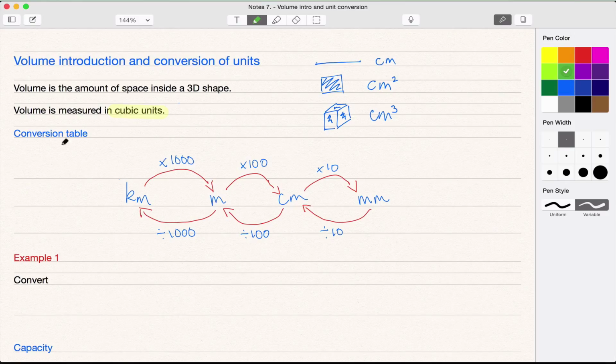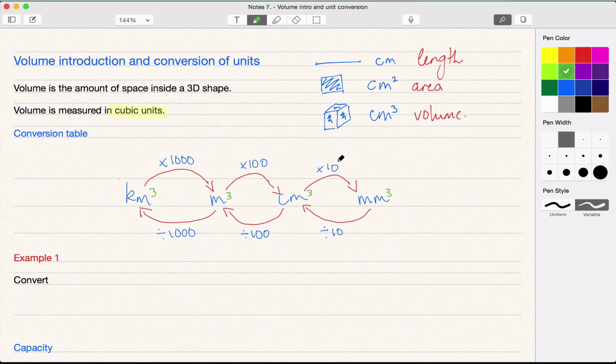Now I have copied our conversion table from when we looked at length. I might just write that one up here. So this one's length, area, and volume. When we looked at length, we had the following conversion table. And you guessed it, the way we change it is, first thing we need to do is make all of these cubic units.